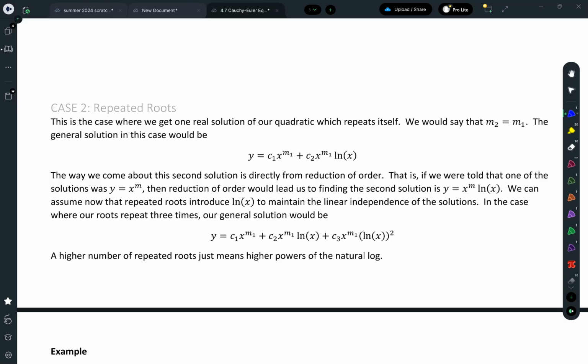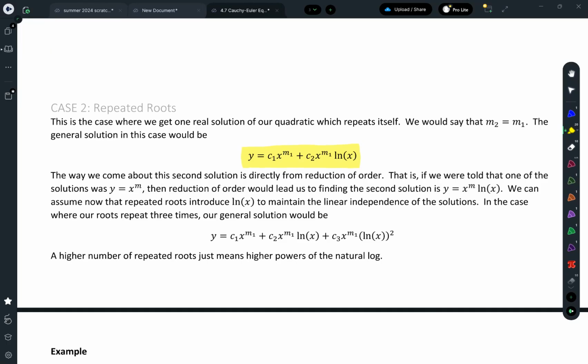And so we'll go ahead and not do the reduction of order and just accept that when we have repeated roots, the second time the solution appears, we're going to put in an ln of x to fix things, okay? And that process is repeated no matter how high up we get.